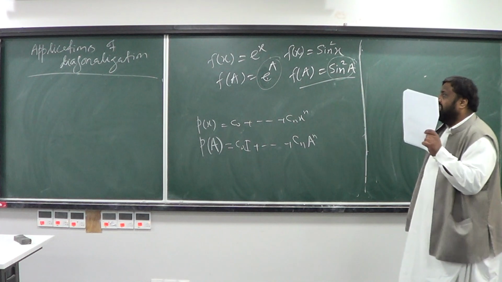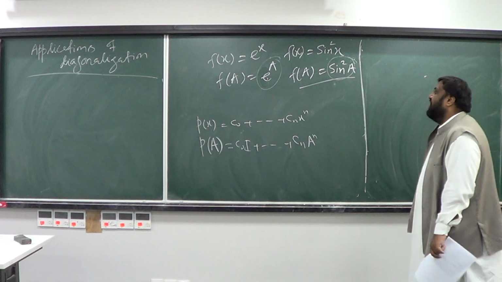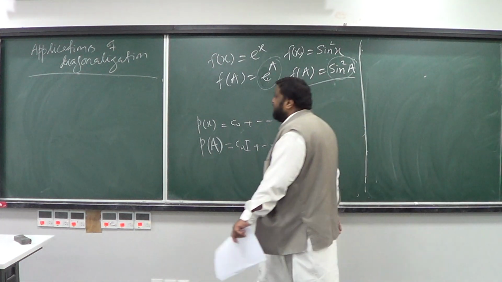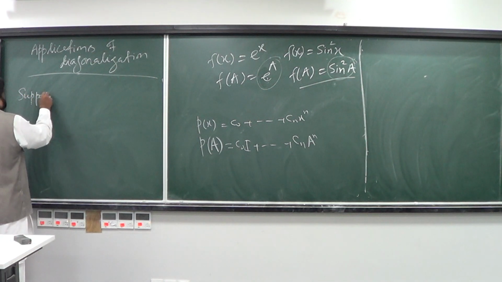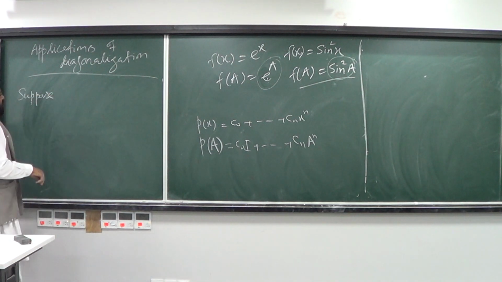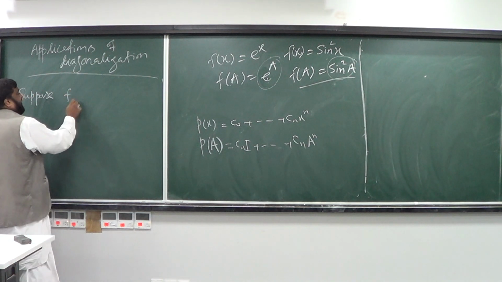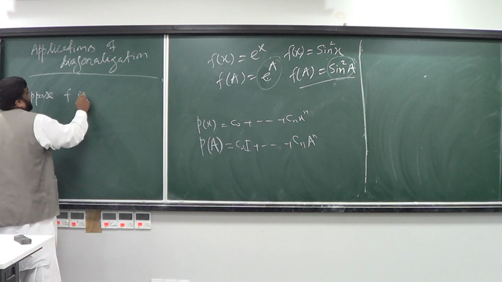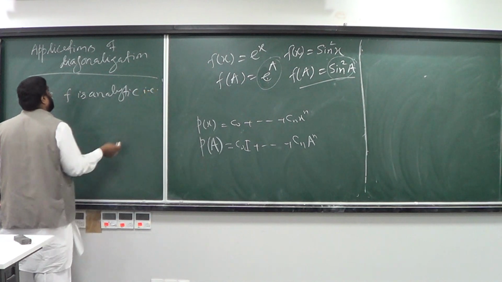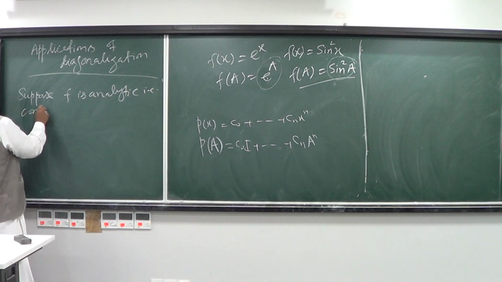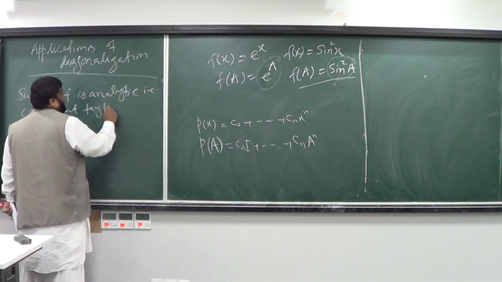The answer is, we can do it with the strategy that I'm just going to derive, actually. Okay? So suppose you have a function f that is analytic, that is, it has a convergent Taylor series, actually.